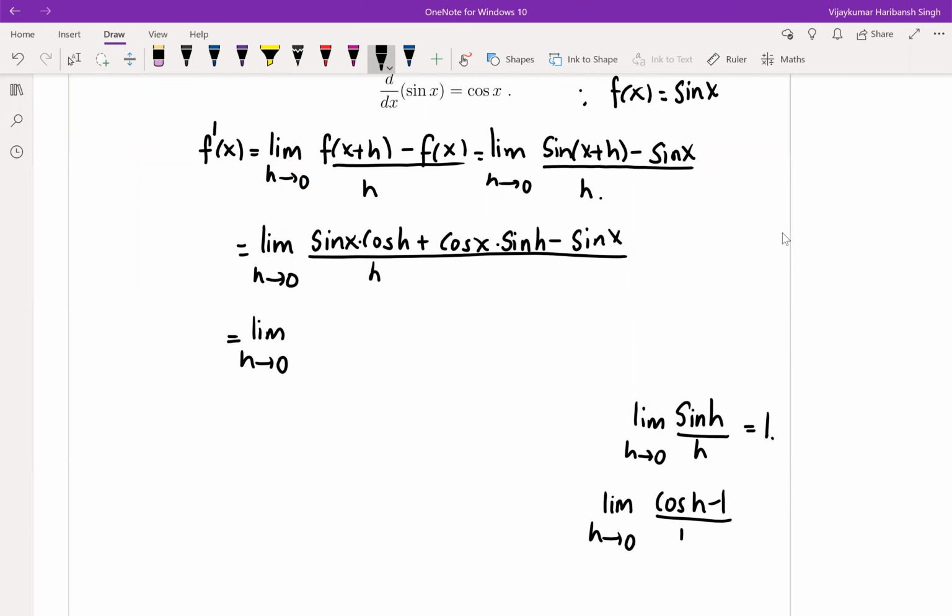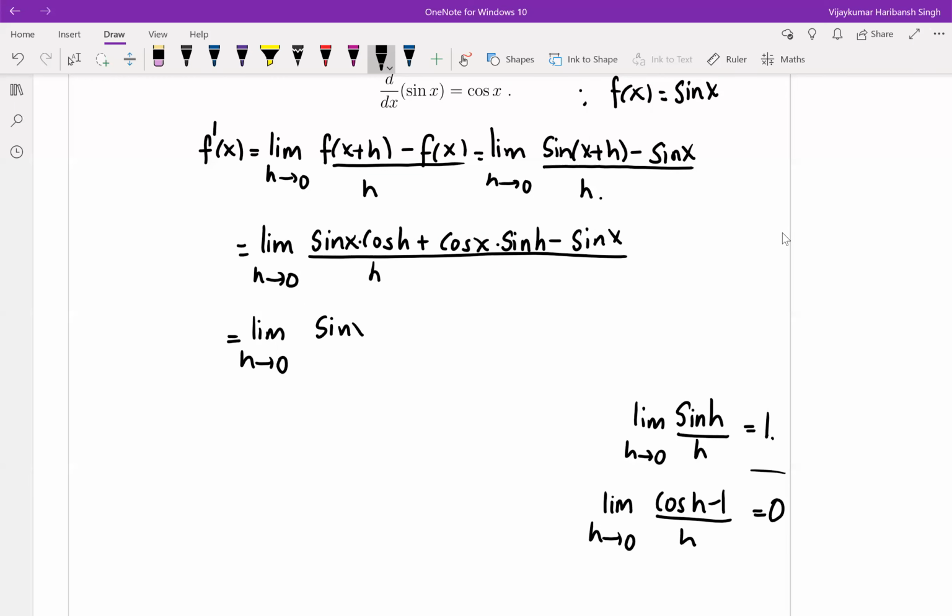But what we'll do is the following. We will arrange the terms. We can take sine x common from the other two terms and organize them. We get sine x times cos h minus 1 divided by h, plus cos x times sine h divided by h.